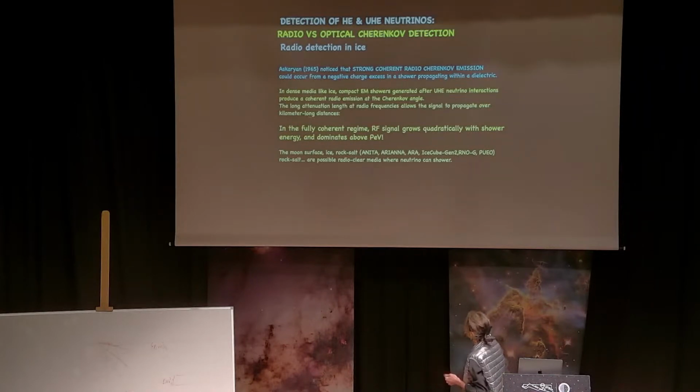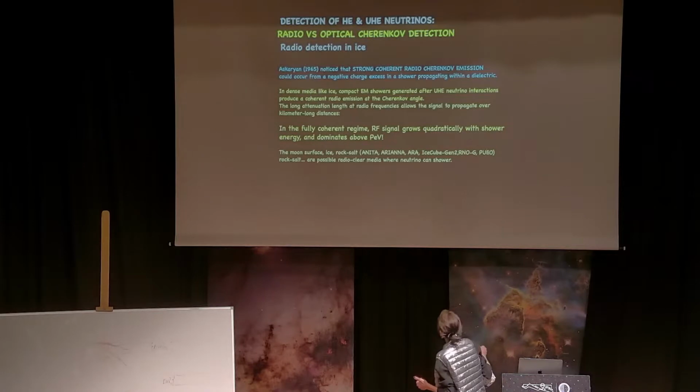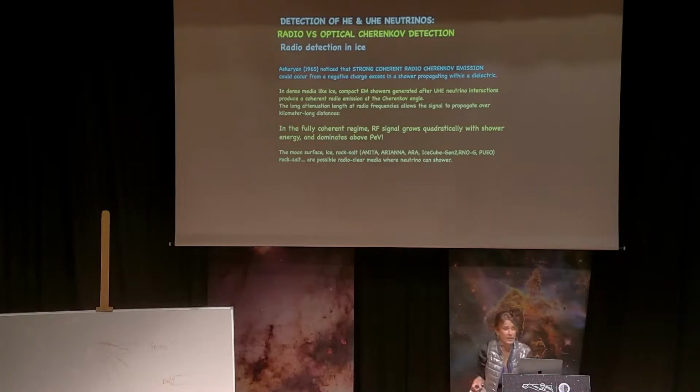In the fully coherent regime, this signal grows quadratically with shower energy, and it dominates above PeV, okay? So experiments based on this Askaryan effect, this coherent radio emission, have been built, such as ANITA, ARIANNA, ARA, IceCube Gen 2. Well, Gen 2 will be built, but so far we have ANITA, for instance, right?